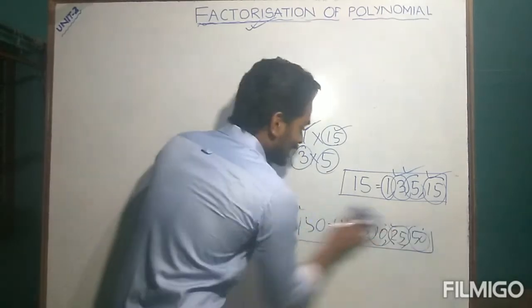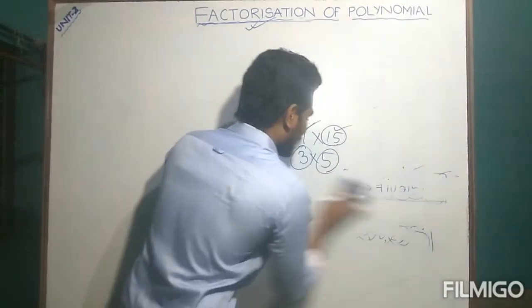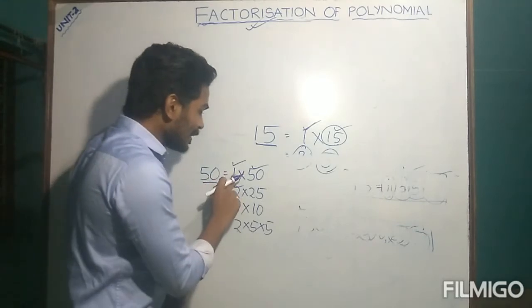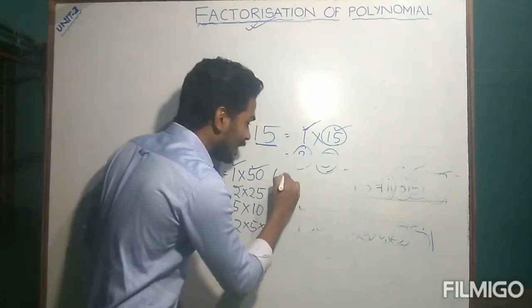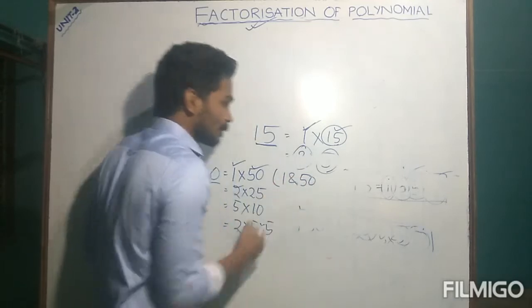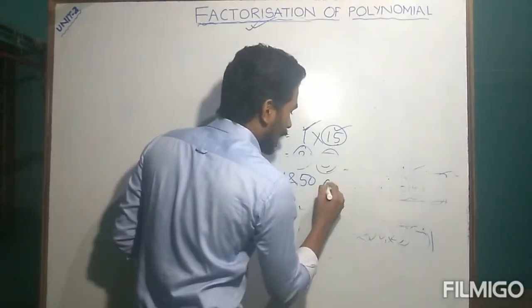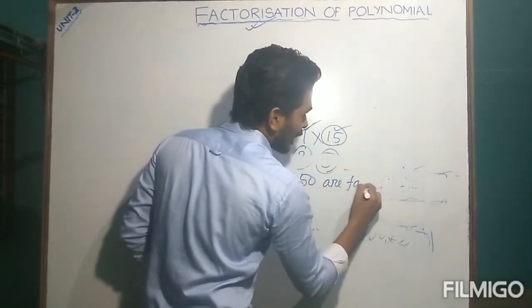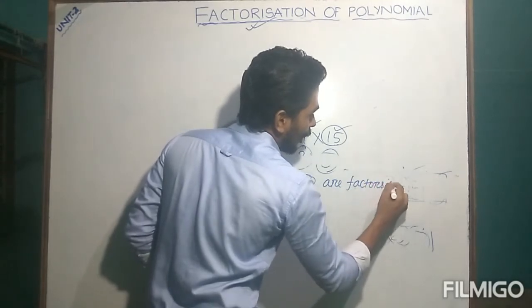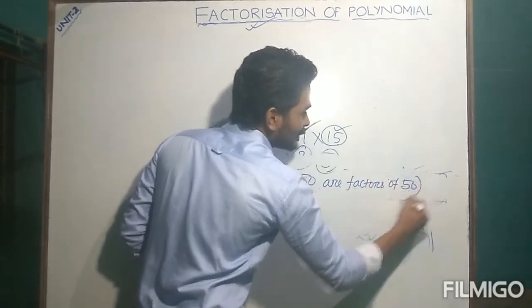Since 50 can be written as 1 into 50, you can write 1 and 50 are factors of 50.